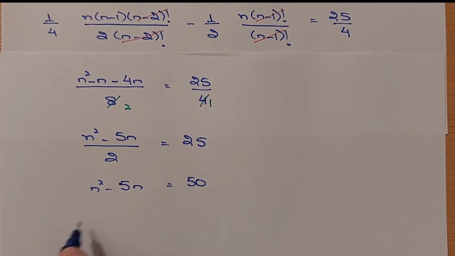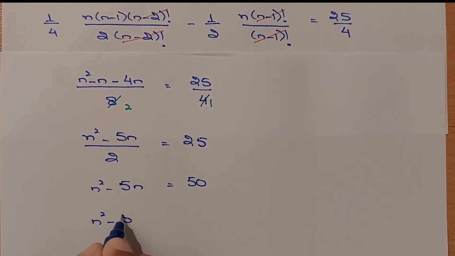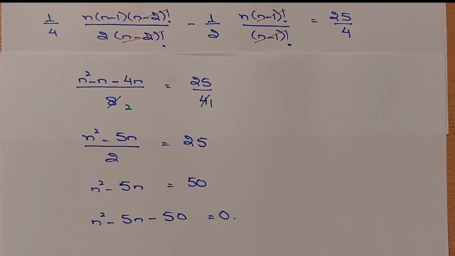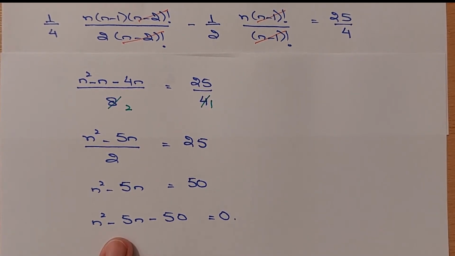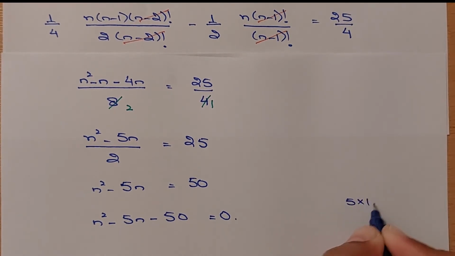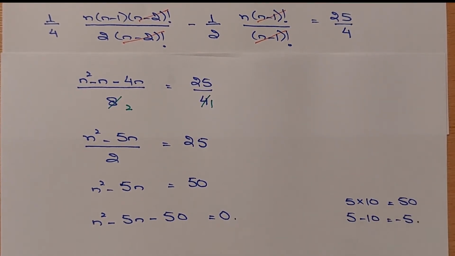Now it's a quadratic equation, n squared minus 5n minus 50 equals 0. So let me factorize this. This is 50 and the middle term is 5. So we can say that 5 times 10 is 50 and 5 minus 10 is minus 5, right?